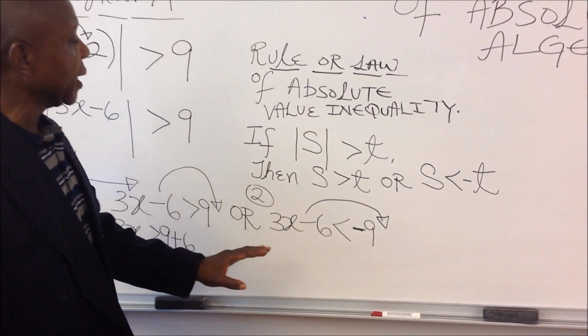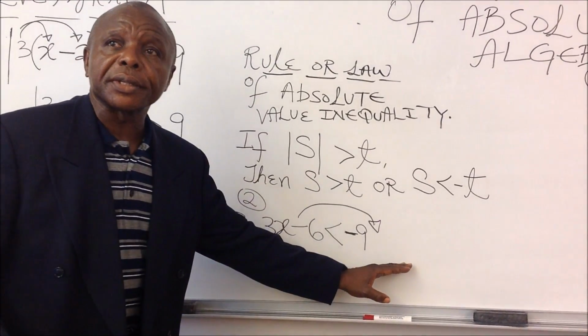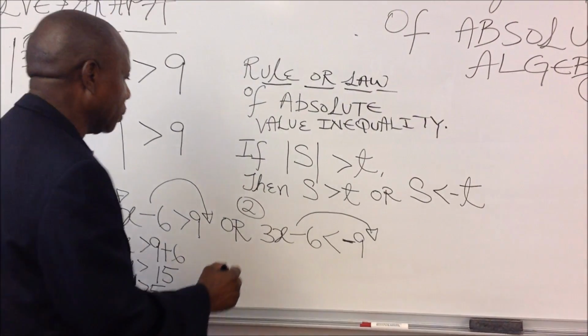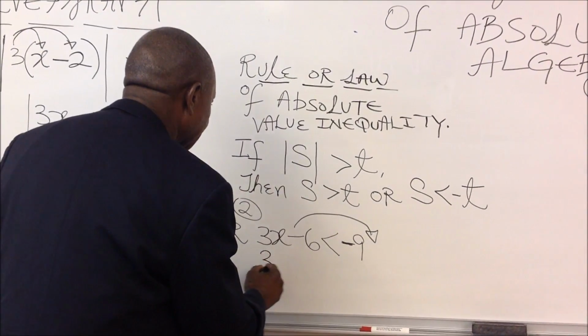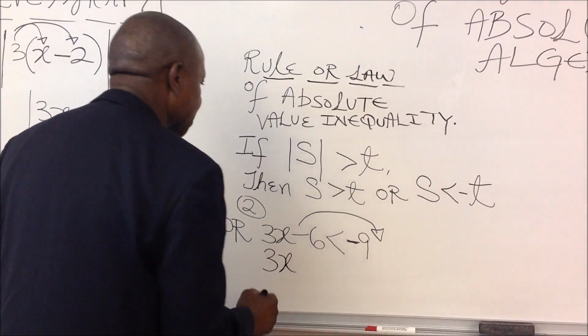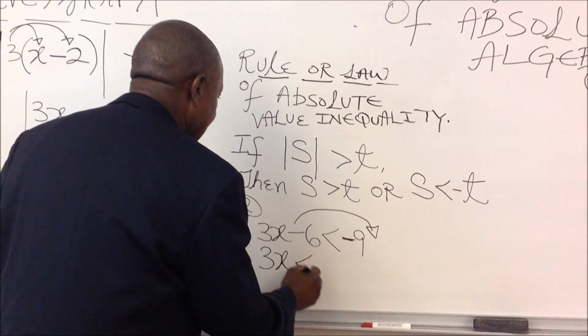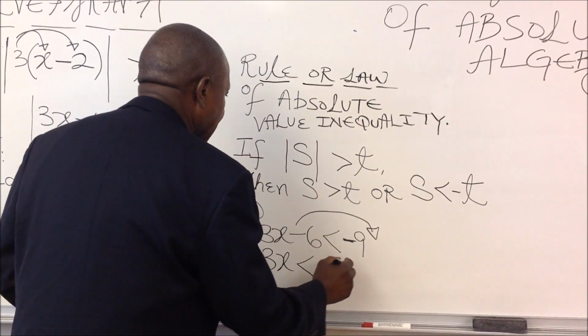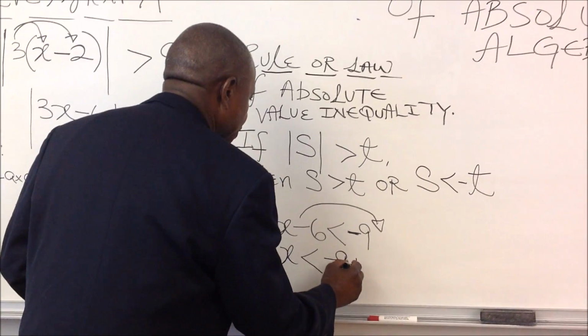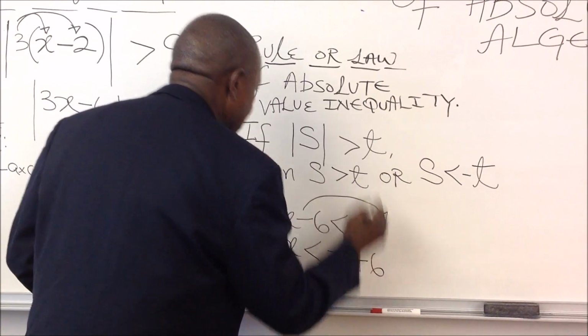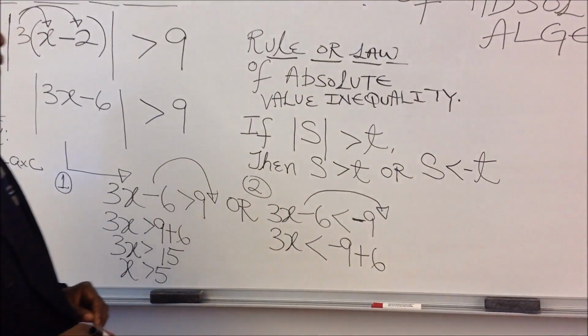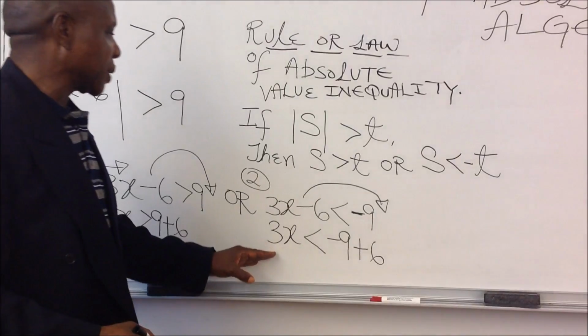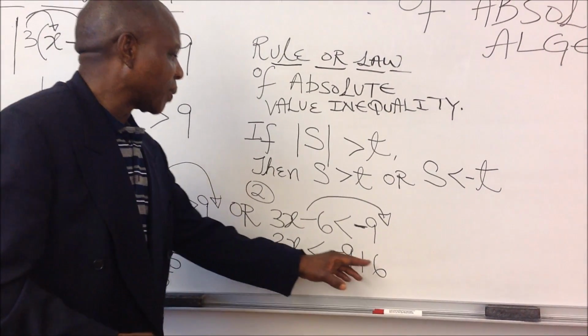And by so doing, the negative becomes a positive. So therefore, we are going to write 3x is less than negative 9 plus 6. I repeat, we're going to have 3x is less than negative 9 plus 6.